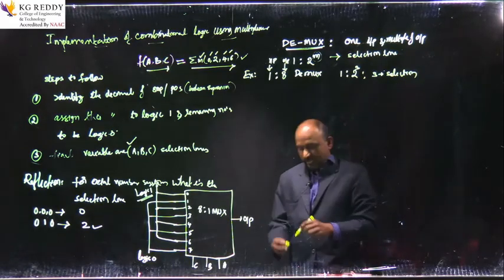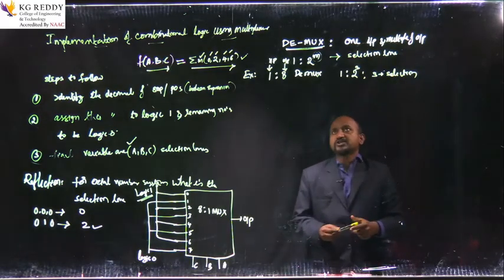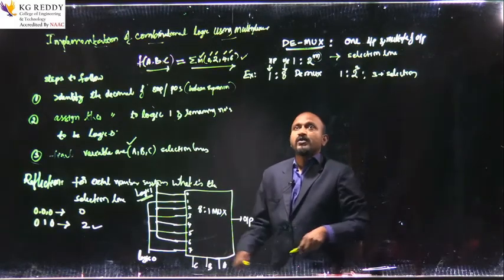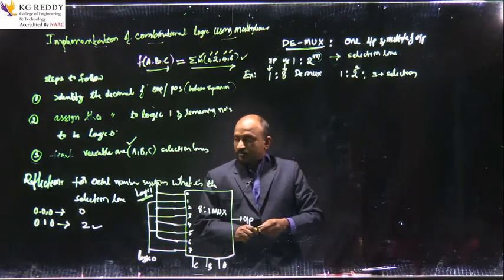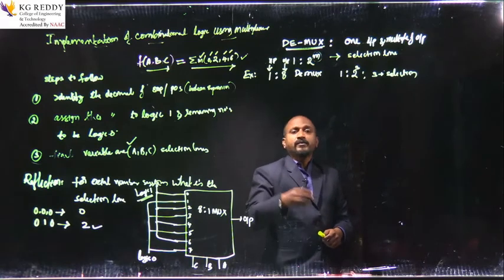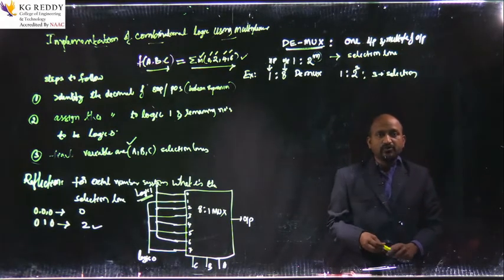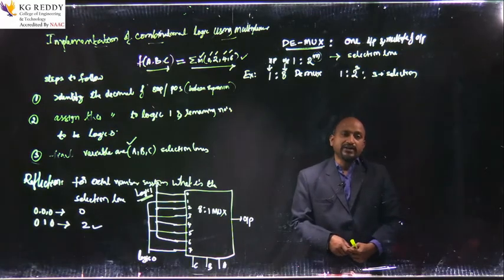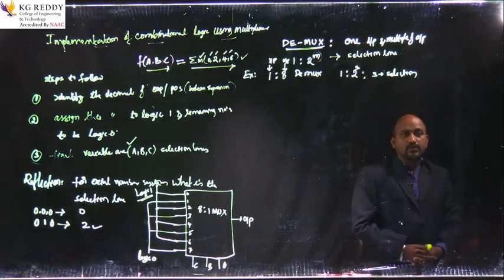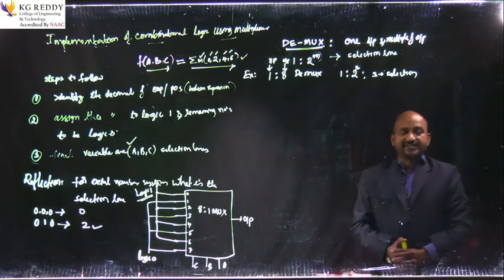A simple reflection question for all of you: similarly for a 1 is to 16 demux, what is the number of selection lines?